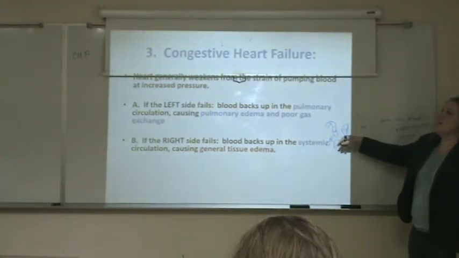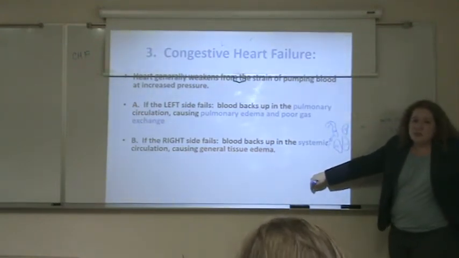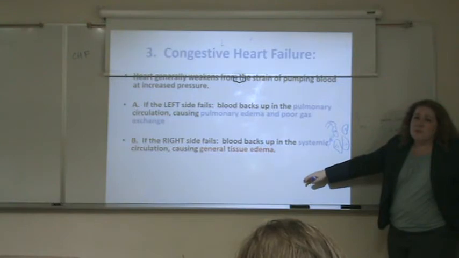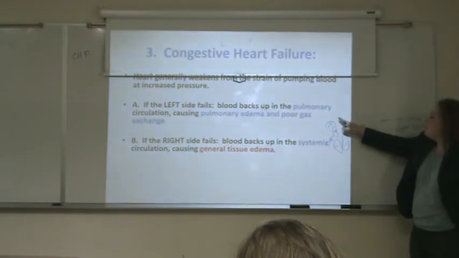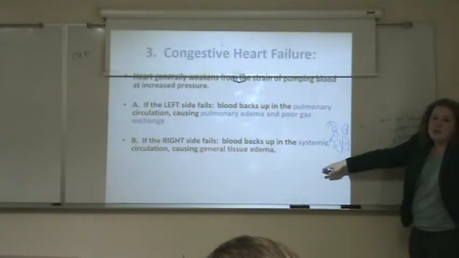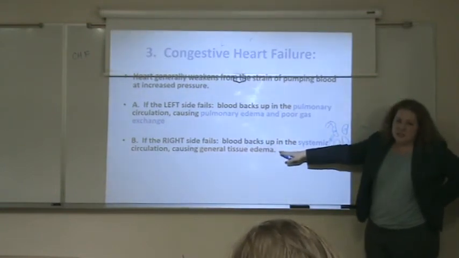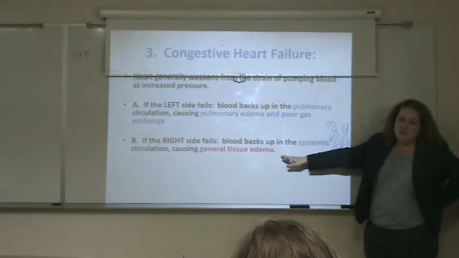The right side can't keep up. You get a backup in the systemic circulation. The blood from the systemic circulation cannot be processed fast enough by the right side. You get higher pressure back there. You still get edema, but now the edema is in the systemic circulation, not in the lungs.